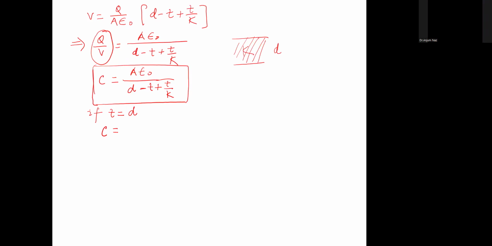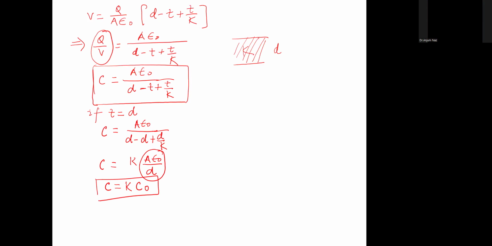If you put t as d, C is A epsilon naught by (d minus d plus d by K), that is C is equal to K times A epsilon naught by d. And what is this? This is K times the capacitance of a parallel plate capacitor with no dielectric medium between the plates.